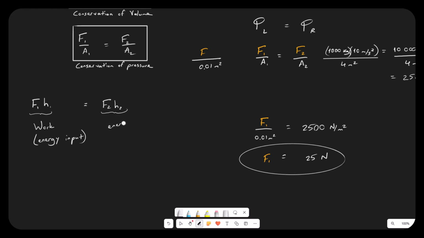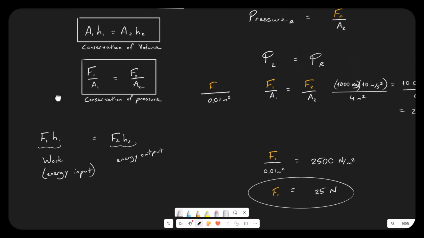This is my energy output. But because H2 is so small and F2 is so big, and F1 is small, H1 has to be really big. The other way to say that is, because of conservation of volume, if I've got a big area over here and a small area over here, I better have a big height on the left side.